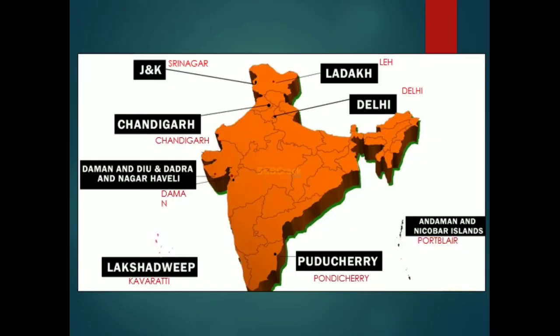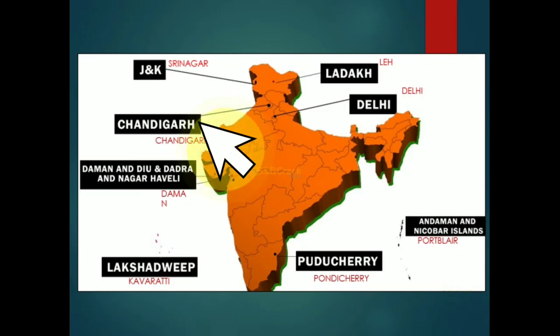Now we'll see the location of union territories. Now we are going to locate all the union territories of India. Jammu and Kashmir, capital Srinagar. Ladakh, capital Leh. Delhi, National Capital Territory, capital is Delhi.